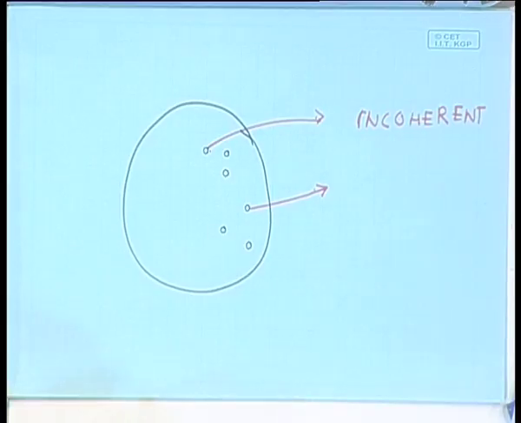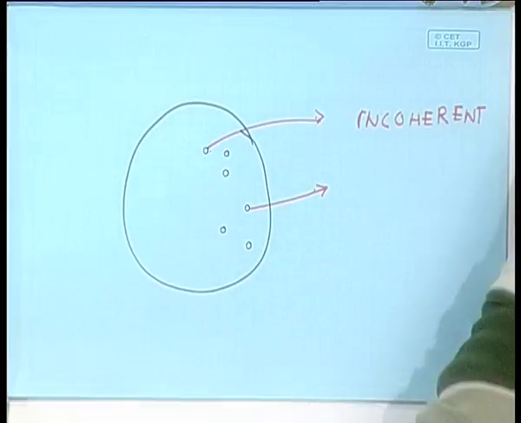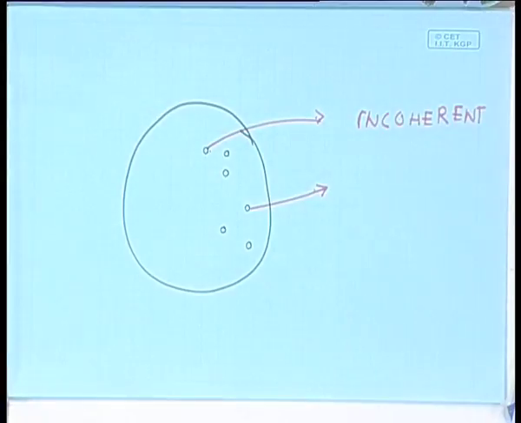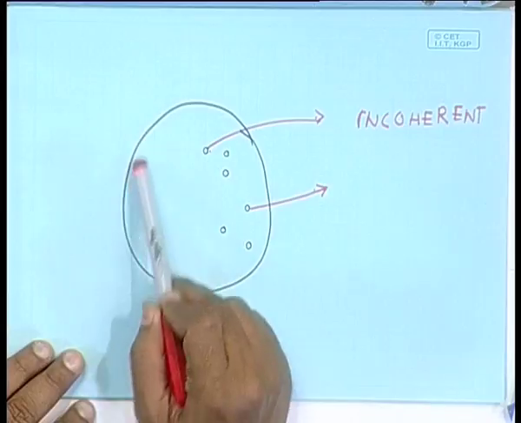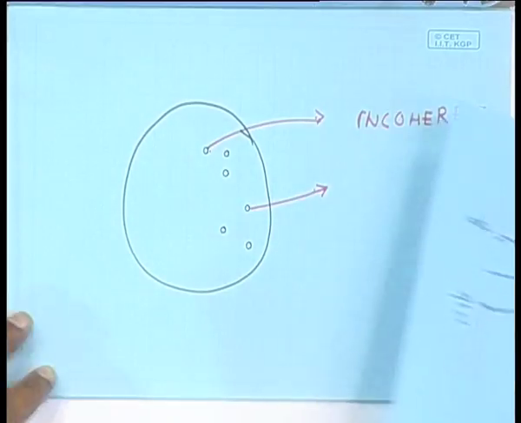And such an assumption is quite reasonable, because there is no correlation between the radiation that comes from one point on the surface of the sun and the other. So, there is no reason why we expect them to interfere with one another. Such sources are said to be incoherent. So, we are going to assume that different points on my source are incoherent sources.